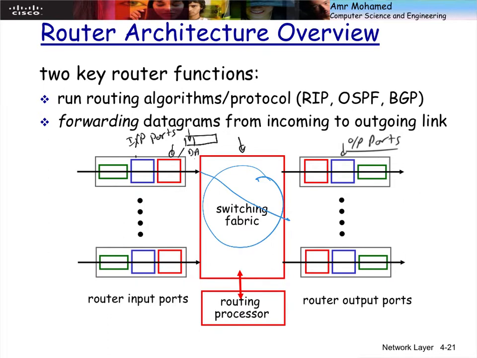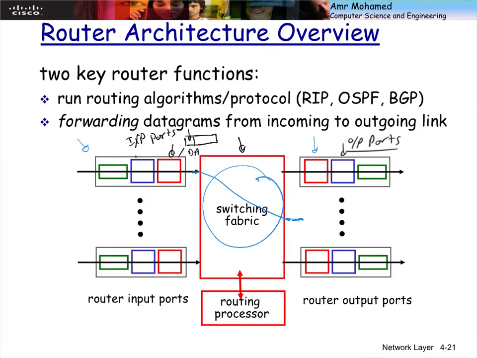So this switch fabric itself needs to facilitate the physical switching of a signal from one input port to one output port. Okay, so we need to talk about the function of the input port and the output port, and what the differences are in terms of functionality.